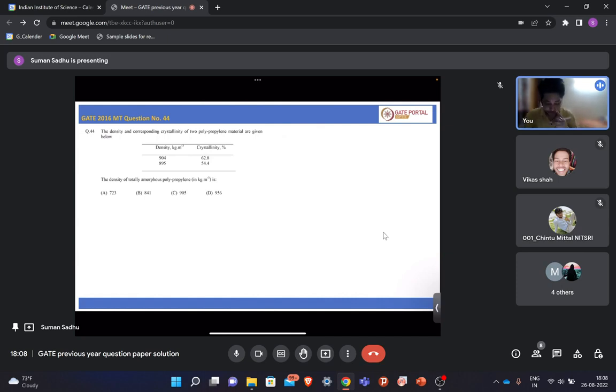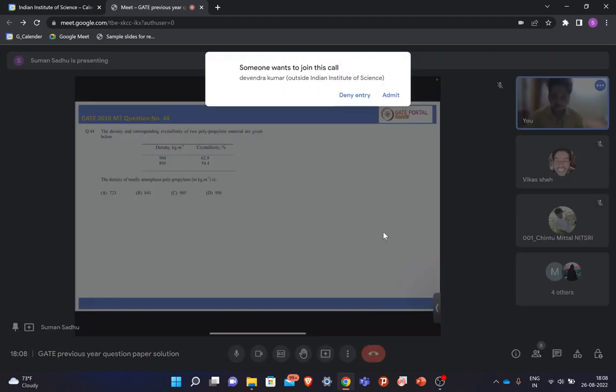So you have to calculate the density of the totally amorphous polypropylene. In case of polymer, the arrangement of the polymer linkage might be amorphous, or it might be crystalline.